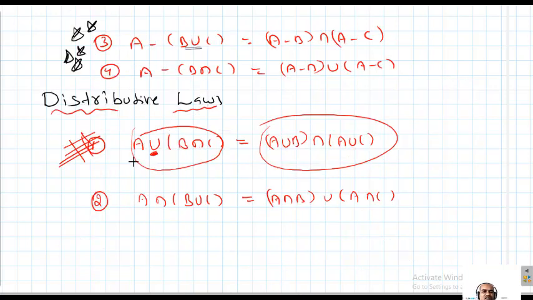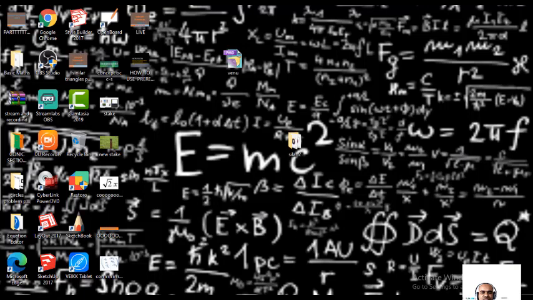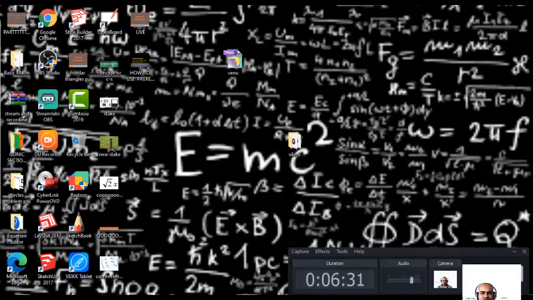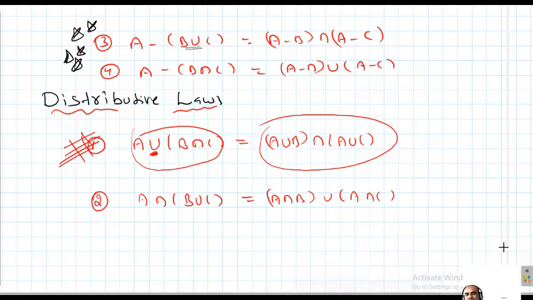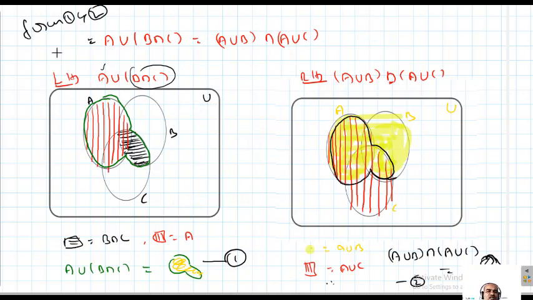In a similar way you can prove the second distributive law also, intersection of B union C. Okay, the second distributive law also we can prove in this diagram. Observe here.